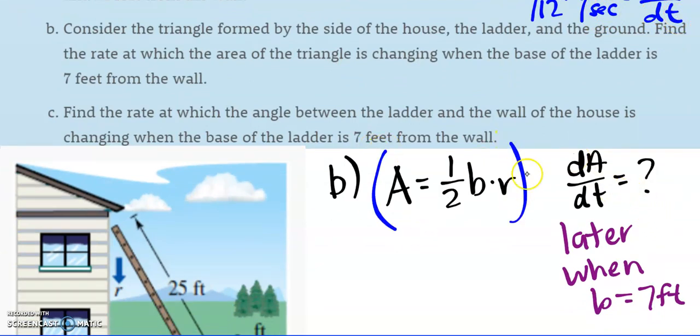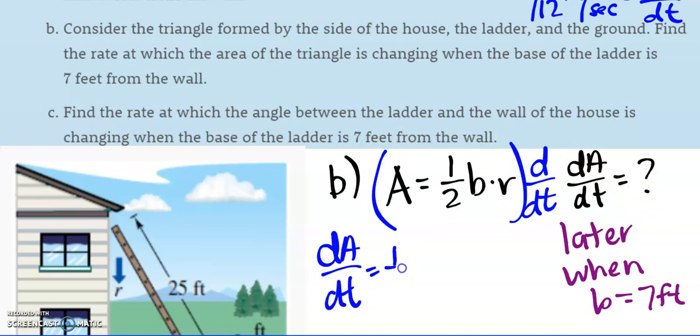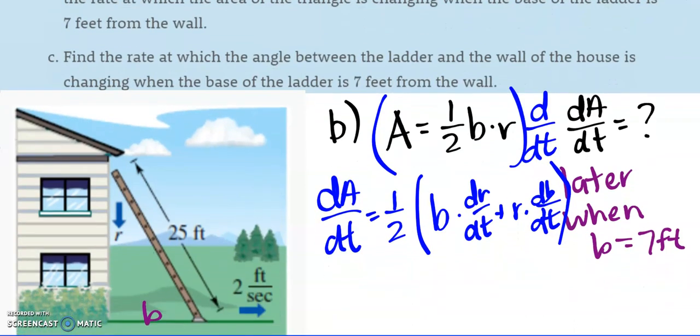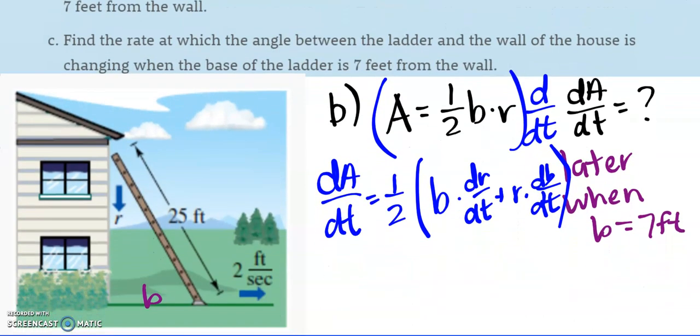I can just take the derivative right here with respect to time. So I'm going to end up with dA/dt equals 1/2 just going to hang out in front, first times the derivative of the second plus the second times the derivative of the first. Now, because I took the derivative, it's later. So how fast is the area changing?